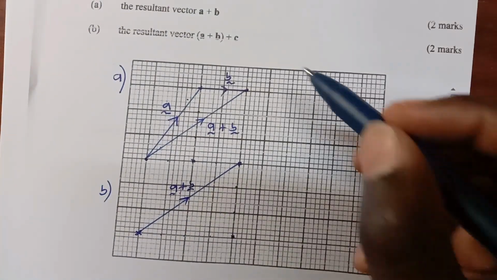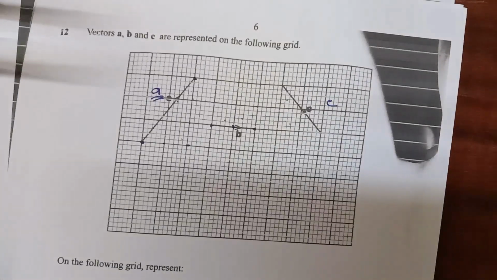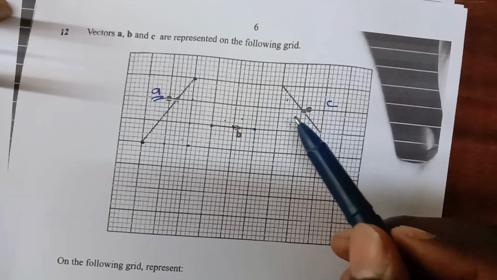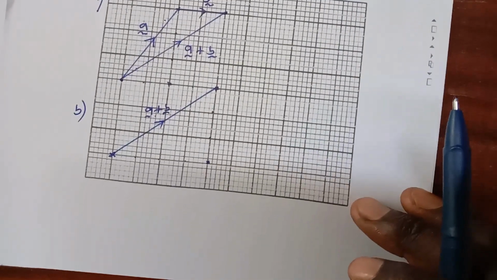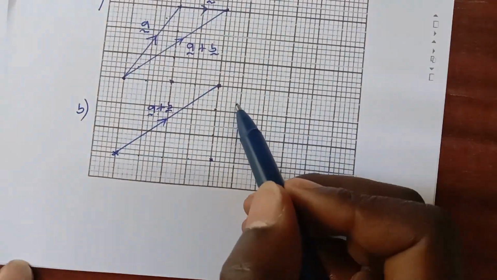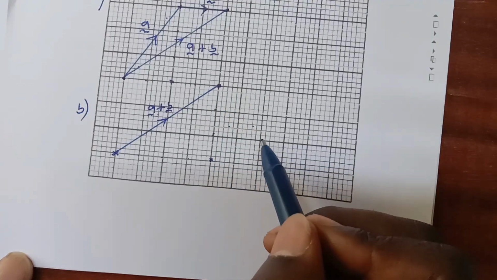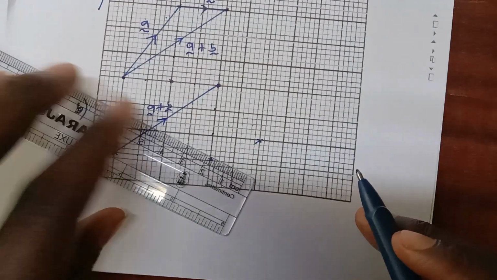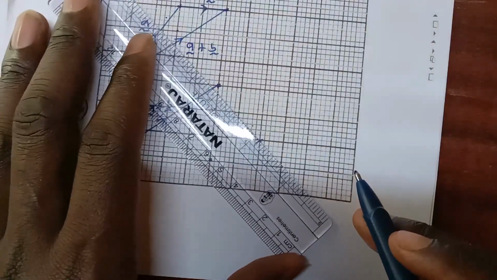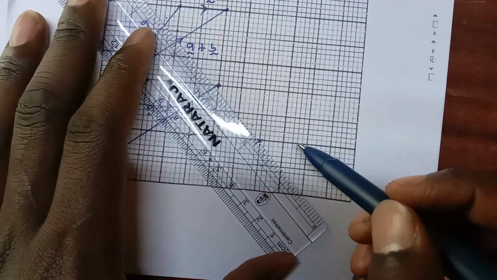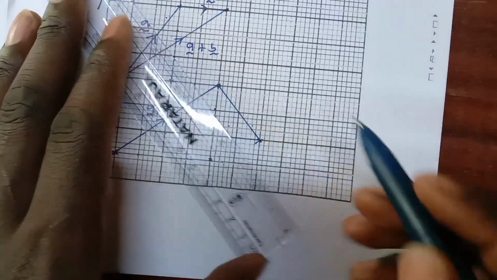Now, it is then plus C. We established up here that our C has a horizontal of 2 and vertical of 2. So when you transfer it here, it has a vertical of 2, then horizontal of 2. So this one is going to be our vector C, horizontal of 2 and vertical of 2, like that.